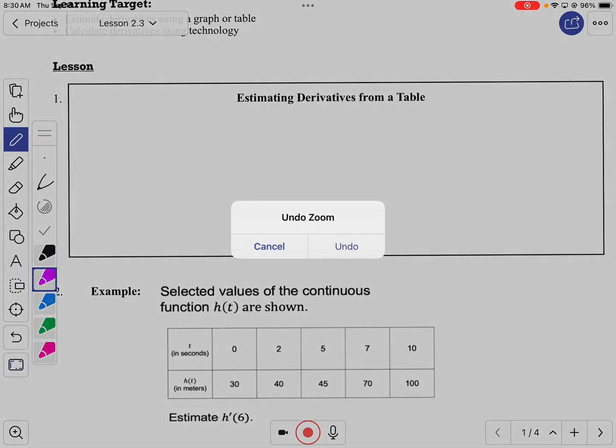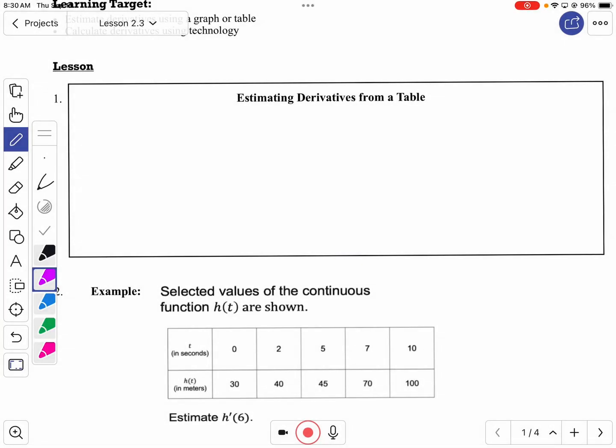So we're going to talk about estimating derivatives from a table. When we started our whole derivative discussion on Monday, what did we start out doing? We did slopes. If we have a table of values and we want to approximate a derivative, remember a derivative is an instantaneous rate of change.